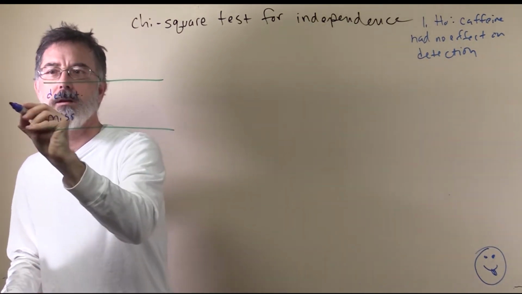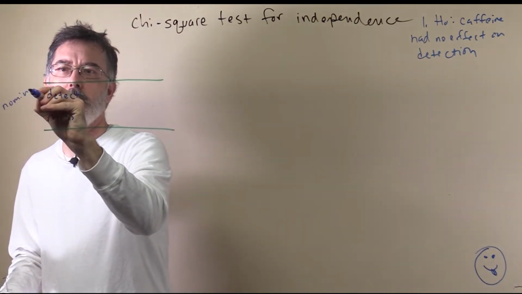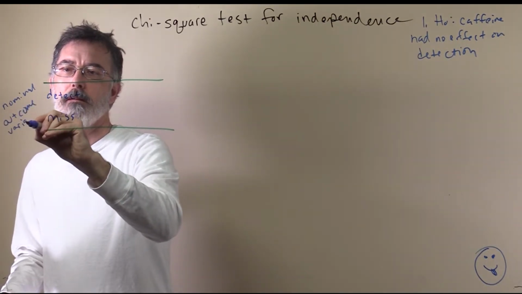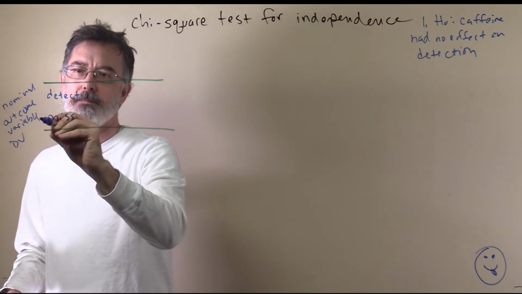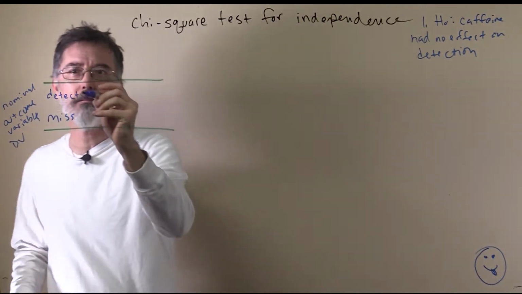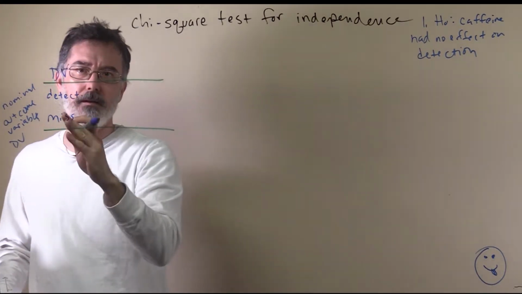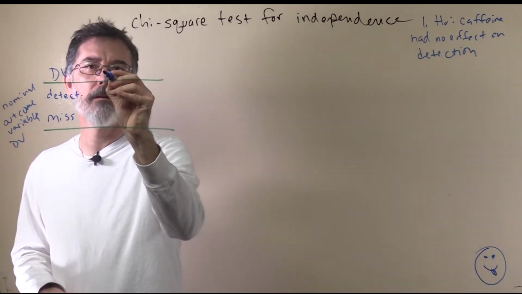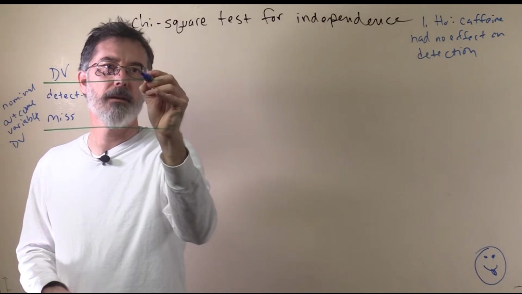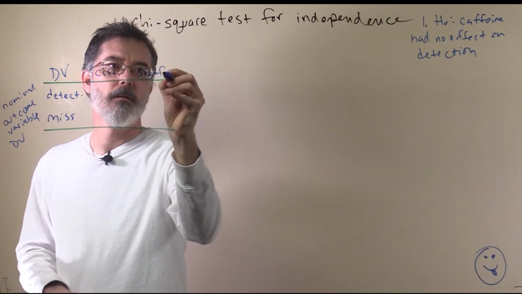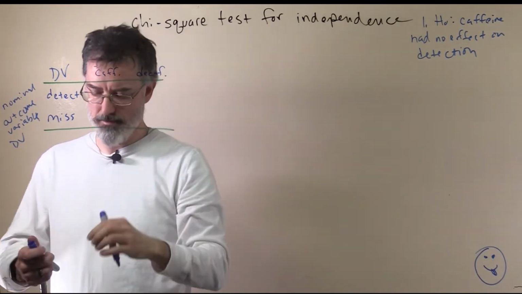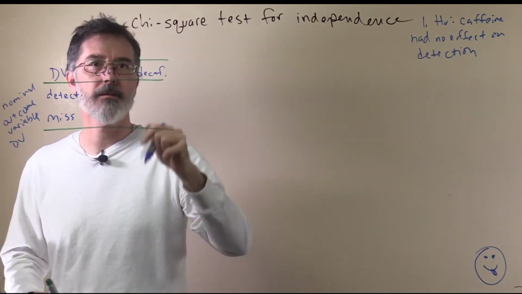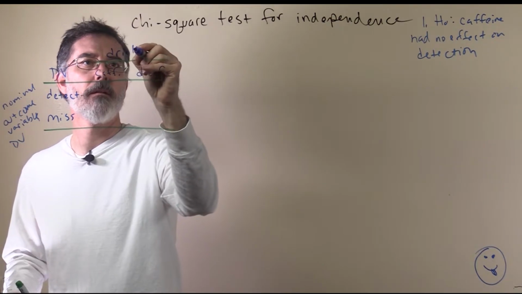So this is our nominal outcome variable, our dependent variable. I'll put DV here above that column. And then people either drank caffeine or decaffeinated beforehand. We could call this the drink variable.